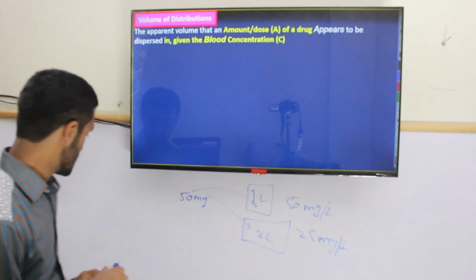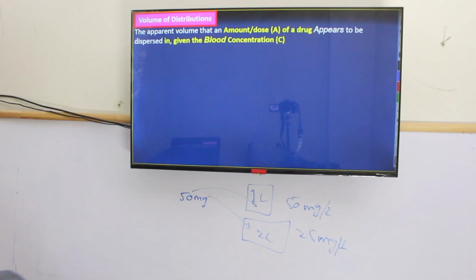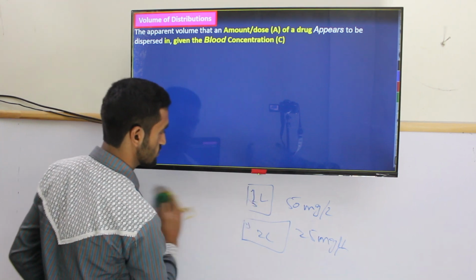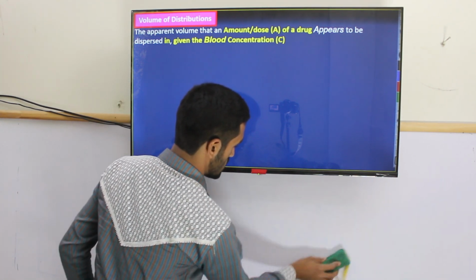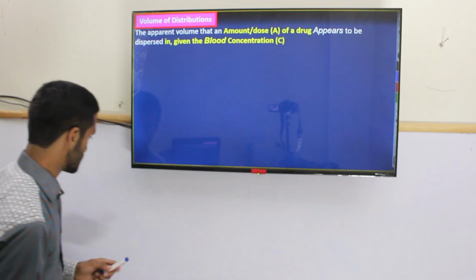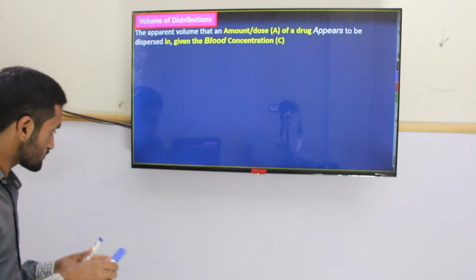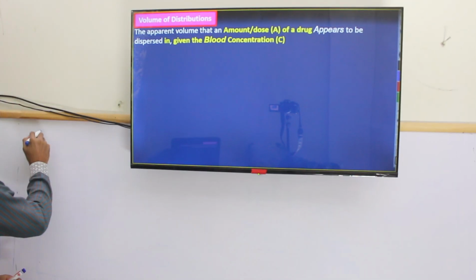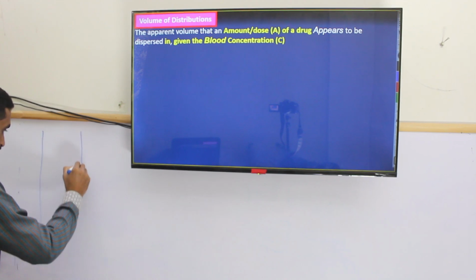Let's see the example. I'm just going to recall your physiology, because if you are unable to understand that, it may be confusing. Let's suppose here is your blood vessel.